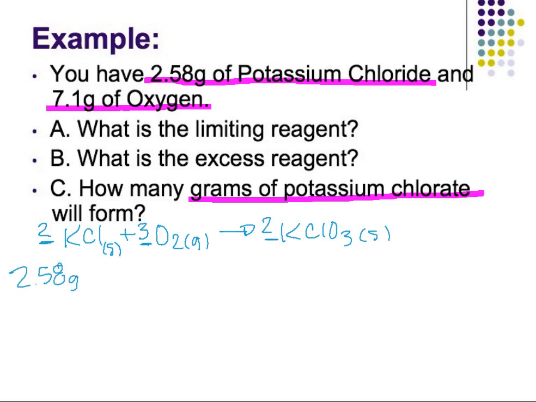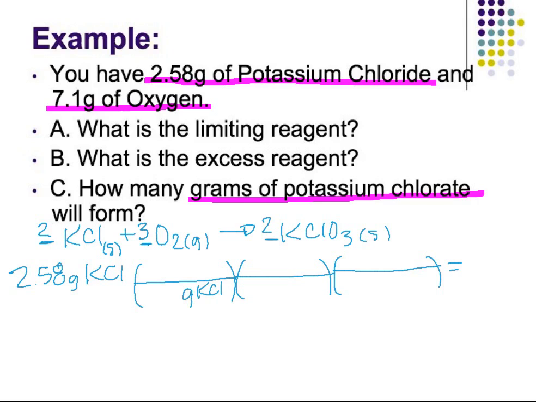2.58 grams of potassium chloride, KCl. It's a 3-step problem: 1 step, 2 steps, 3 steps to get to our grams of potassium chlorate. So, first step, grams into moles, because that's all we can ever do with grams is turn it into moles.